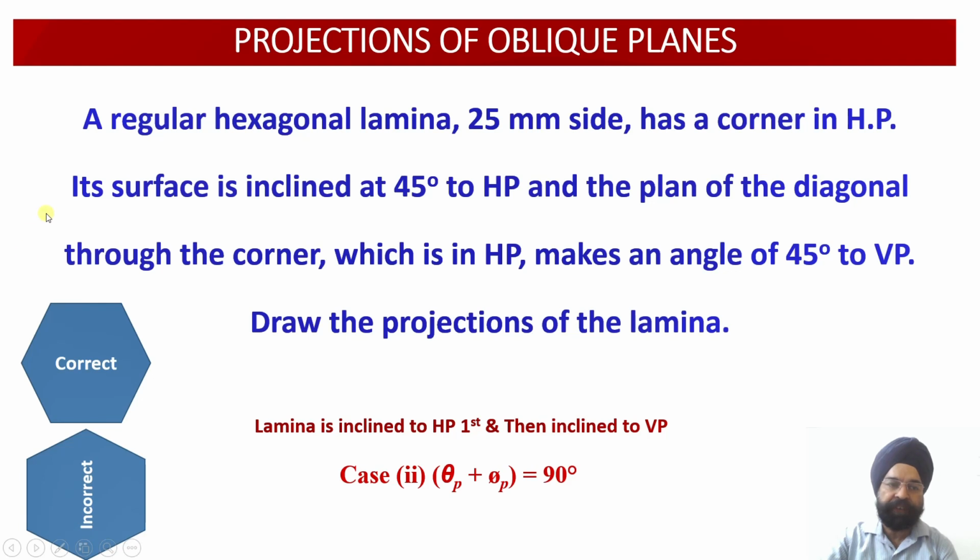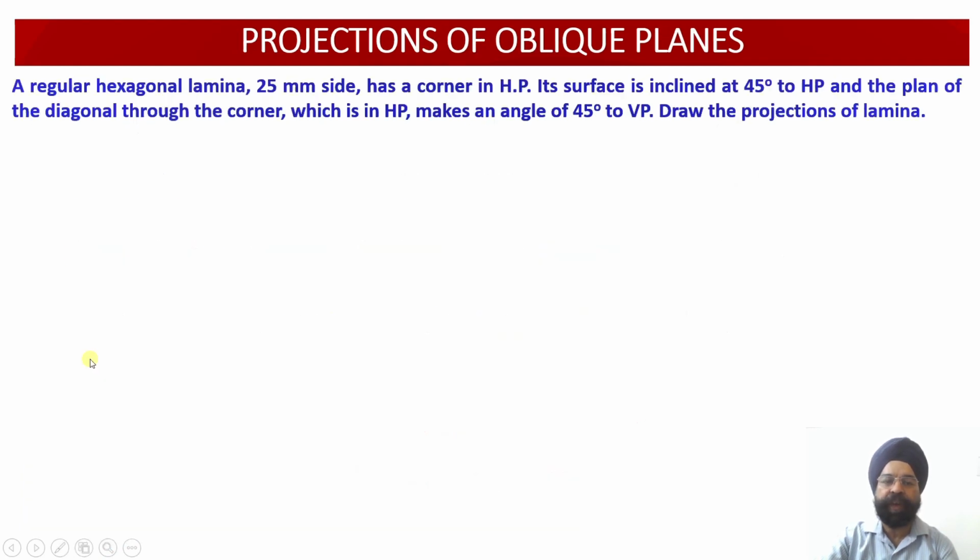Otherwise also if I lift it this way, then again it will be resting on the ground or on the horizontal plane on the corner. So that is why this is the correct orientation of the hexagonal lamina that we have to draw on the horizontal plane and below the XY reference line.